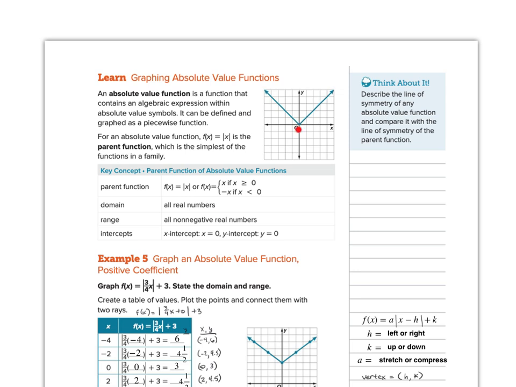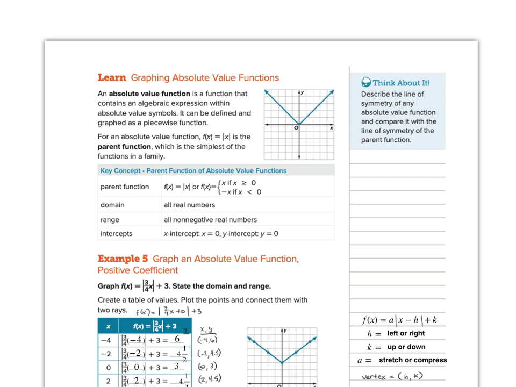My range, however, does not exist in the negative region of the y-axis. It only exists for positive values of y, so the range is all non-negative real numbers. And my y and x intercepts both happen to be the origin, at 0.